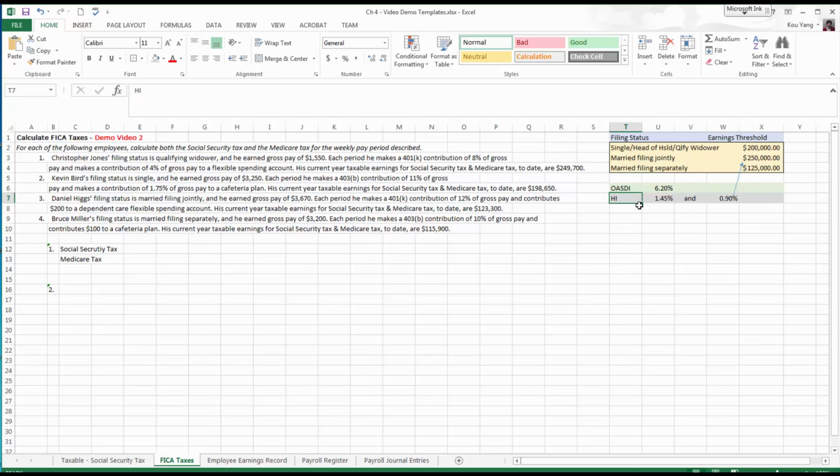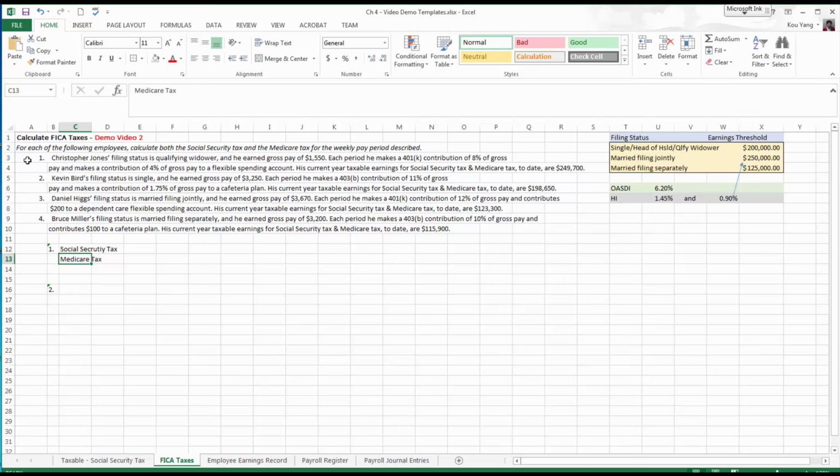So all employees' earnings are subject to Medicare taxes no matter how much they make. Additionally, if they make over these amounts, they are imposed that additional 0.9% tax. So keep that in mind. There's a cap to Social Security, as opposed to Medicare, where there is no cap.